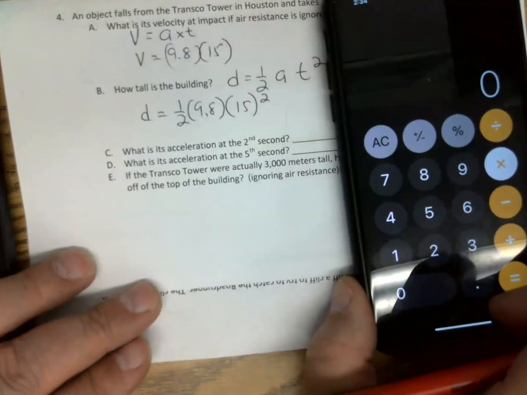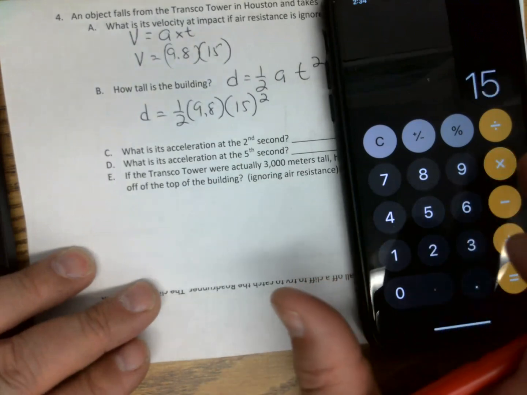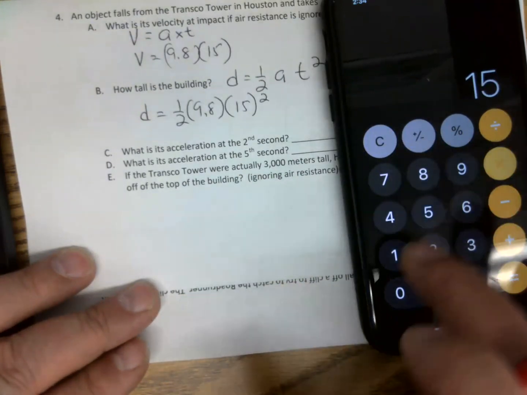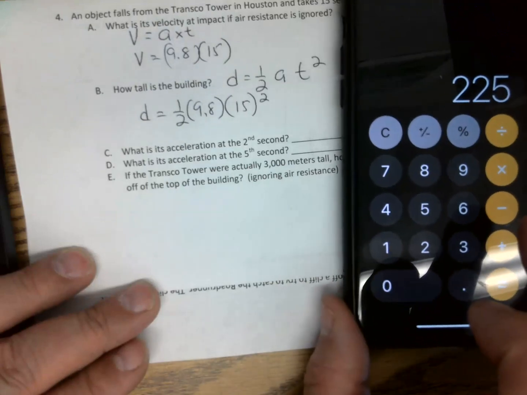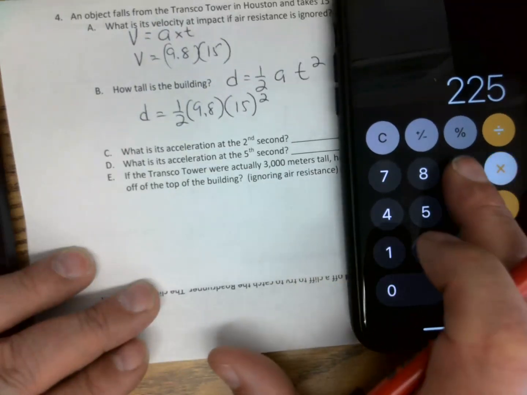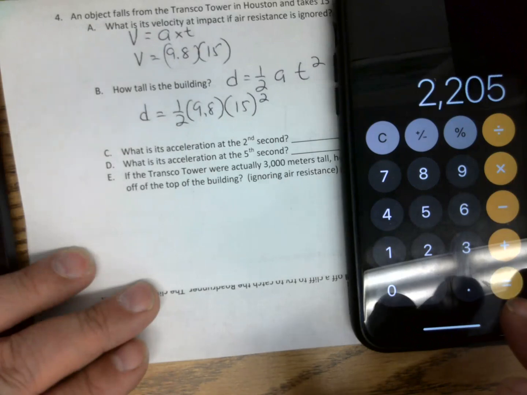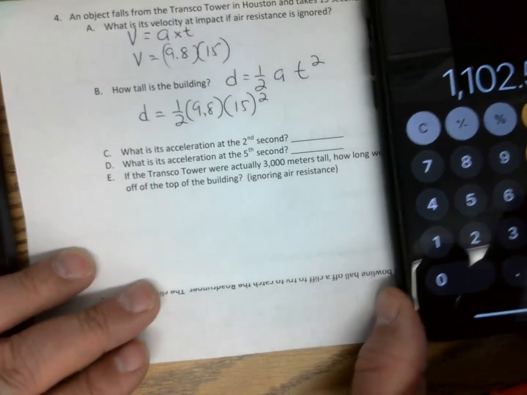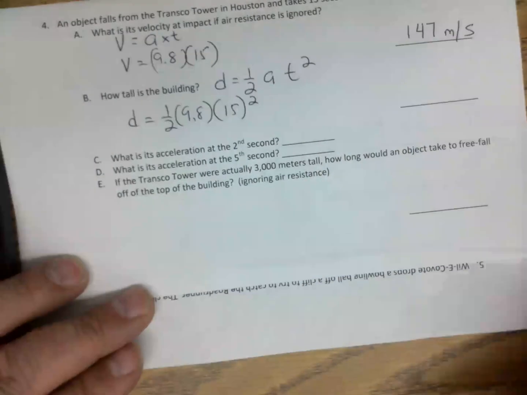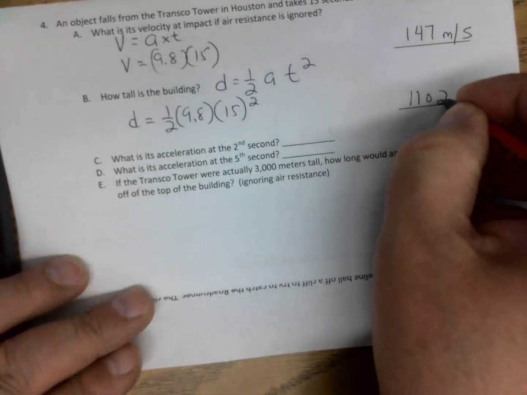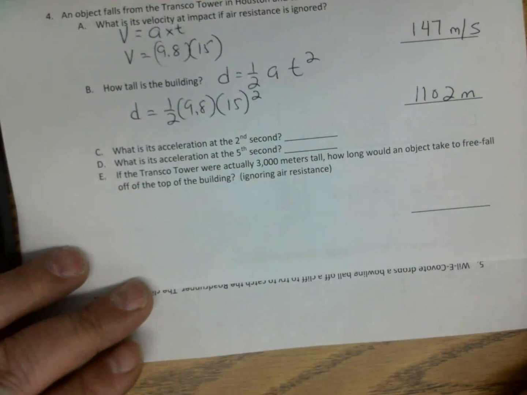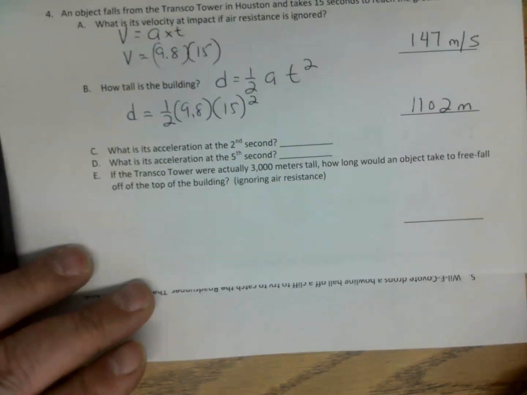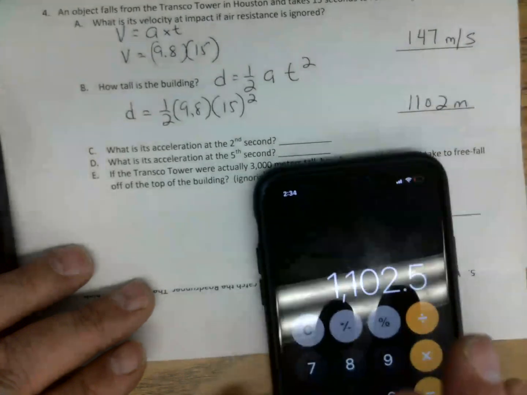So what we have is 15 times 15, 225, and then we're going to times that by 9.8, and we're going to divide it by 2, about 1102. Pretty high. It's meters, quite a few feet, about 3,000. Pretty high.